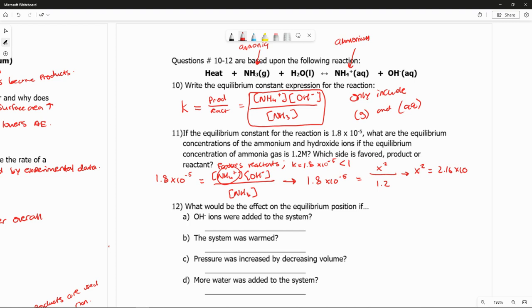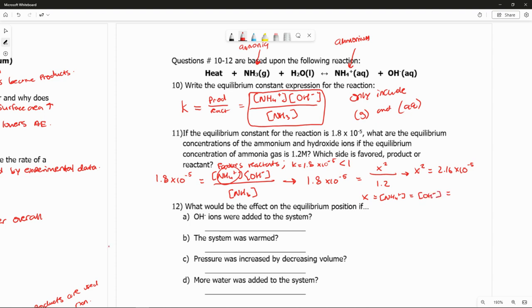We get x squared equals 2.16 times 10 to the negative fifth. Square root on both sides, and you're going to get a single x, which equals the concentration of NH4 plus, which equals the concentration of OH minus.